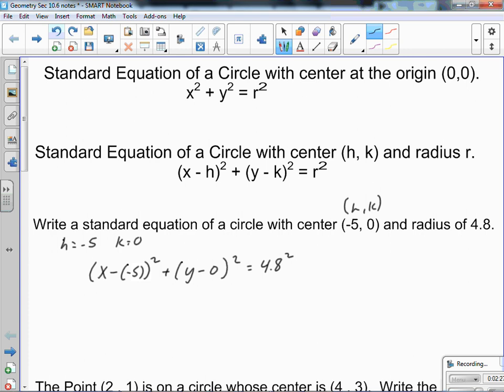So go through and simplify it a little bit. x minus -5 will become (x plus 5) squared. y minus 0, we're subtracting 0, it's just y squared.